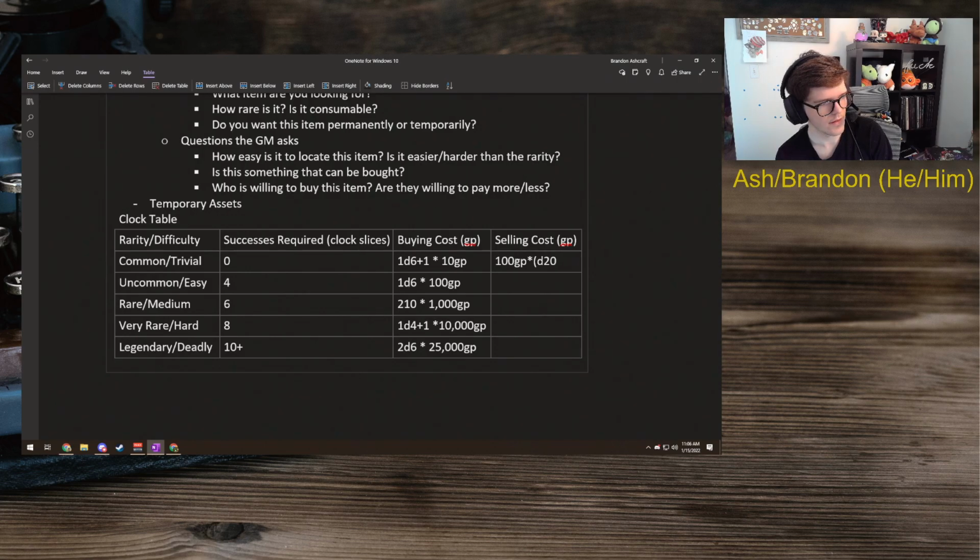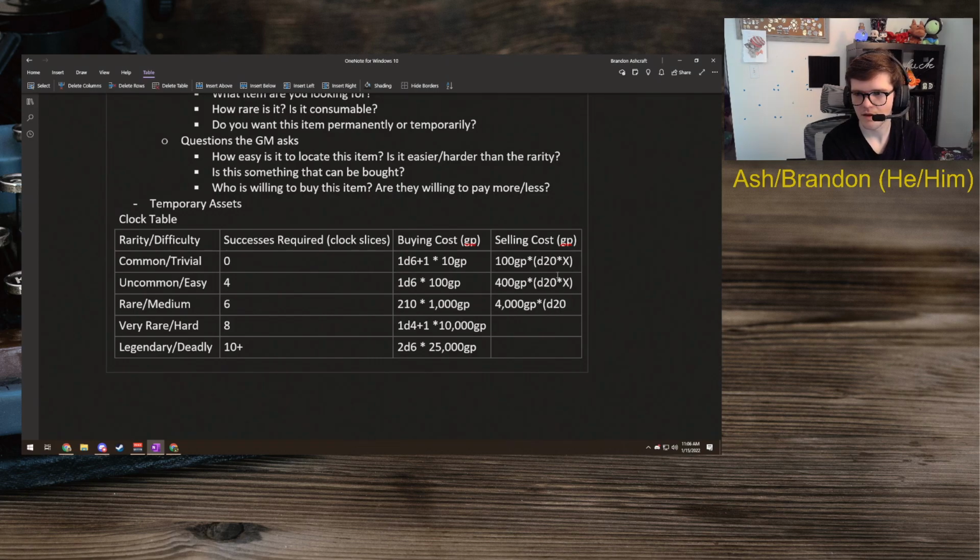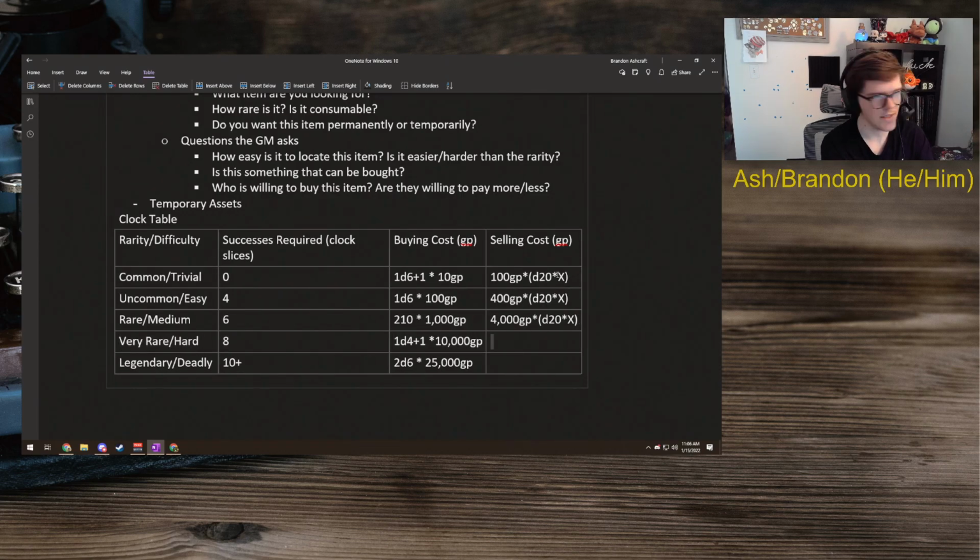Huh. Okay, I'll have to play with that, but it's times X. And we'll figure out what X is. My brain doesn't want to math this morning, so that's fine. And that'll get us these.